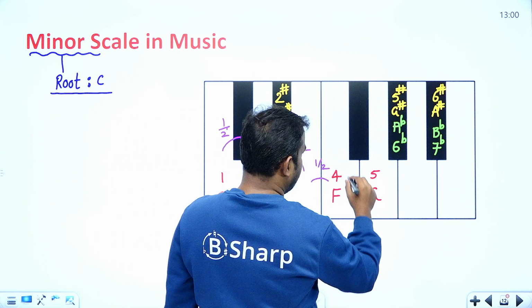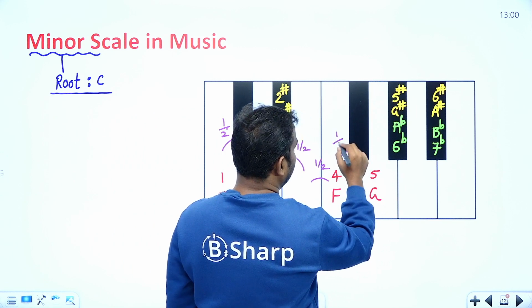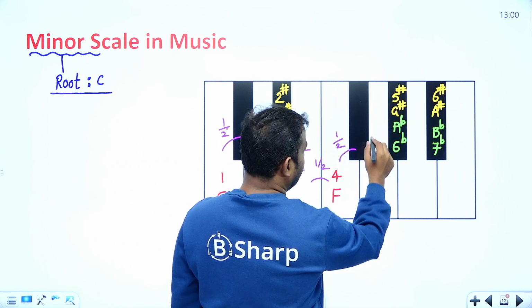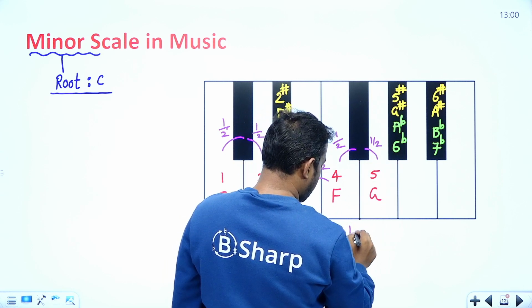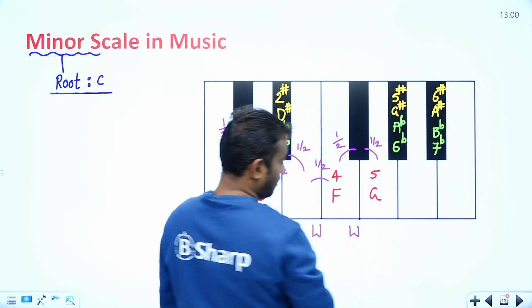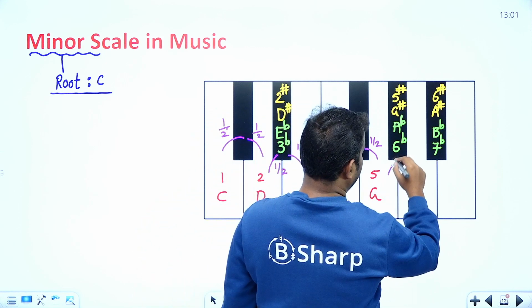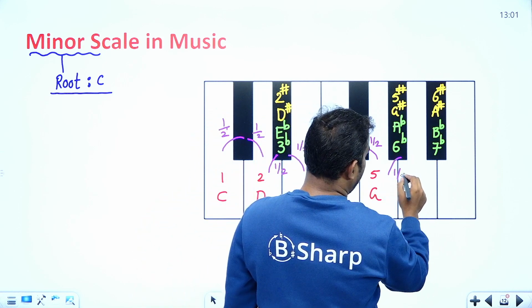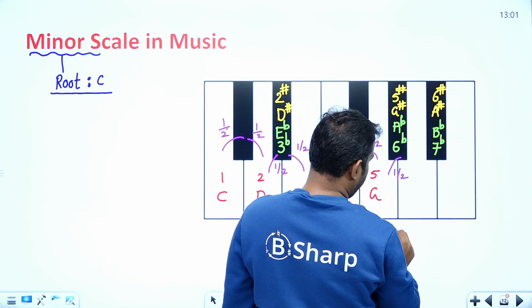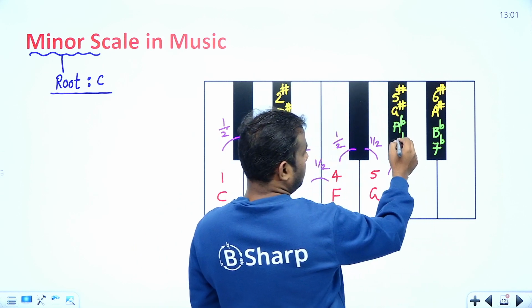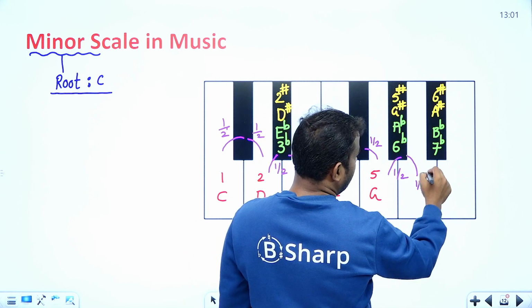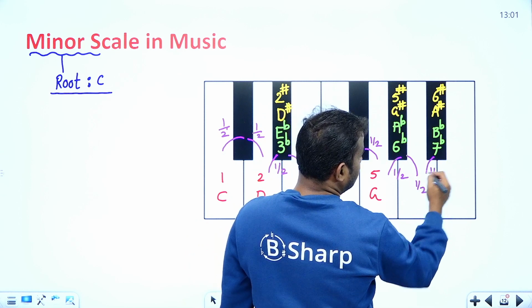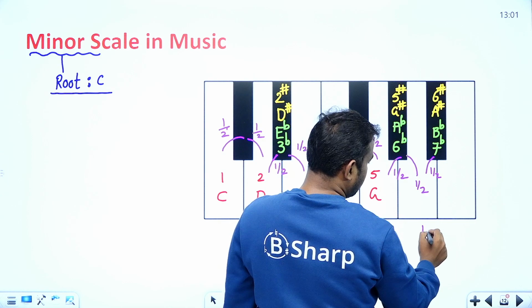Likewise, from here to here, a half and another half, so again a whole. Now from here to here, this is only a half. Now from 6 flat to 7 flat, it is one half and another half, so that is one whole tone.